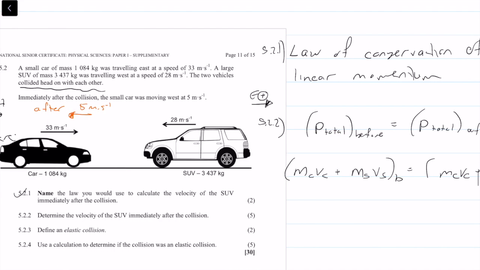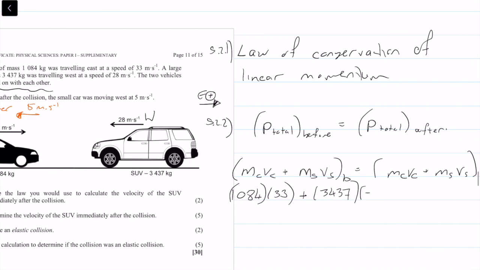Okay, so let's go for inserting some values. So we have 1084 times the velocity of the car, 33, plus the mass of the SUV, 3437, times the velocity. Remember, this is west, so this is a negative: minus 28.